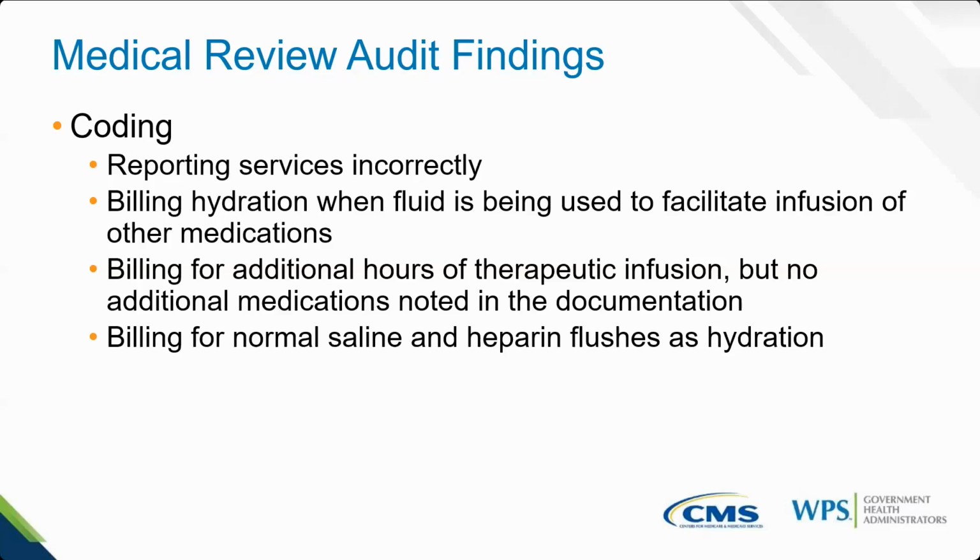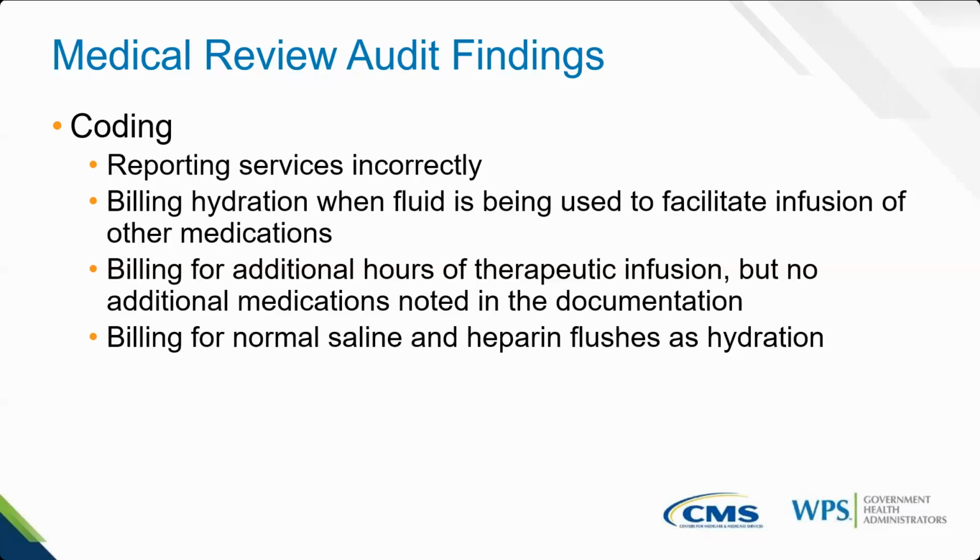So let's talk about some of these examples. Reporting services incorrectly. And we've really spent a lot of time talking about this through some of the different codes that are identified in various services and how you find what codes can be billed with others or can't be billed with others. The majority of the time it comes down to referring to the CPT code manuals and also your procedure-to-procedure files.